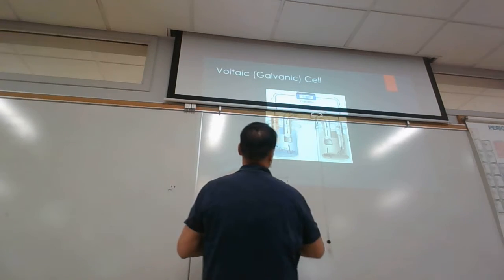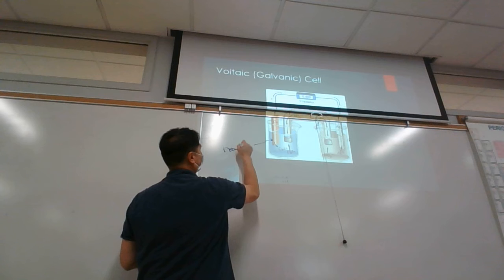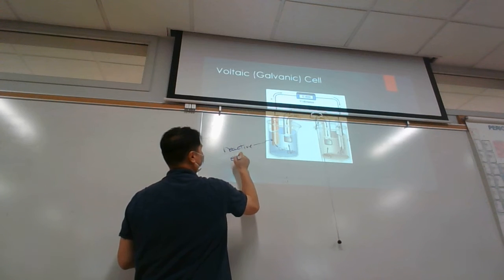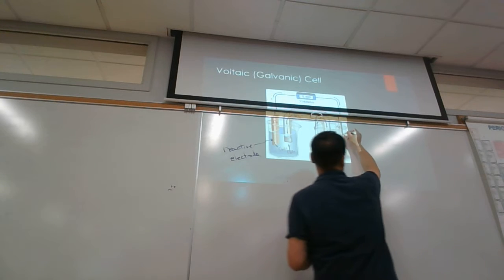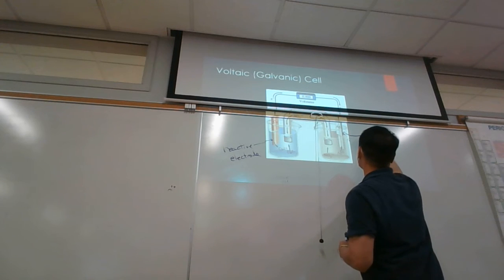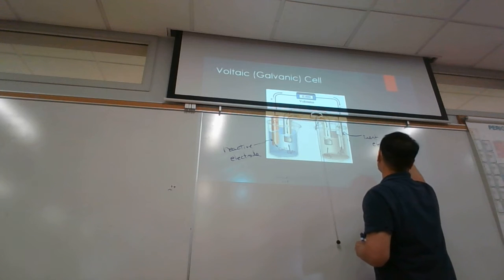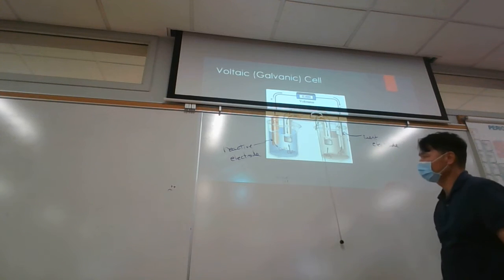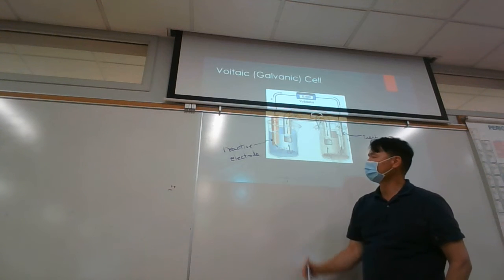So this is the reactive electrode here. And this one is an inert electrode here. It's a reactive electrode because copper is actually a reactant in this redox reaction.